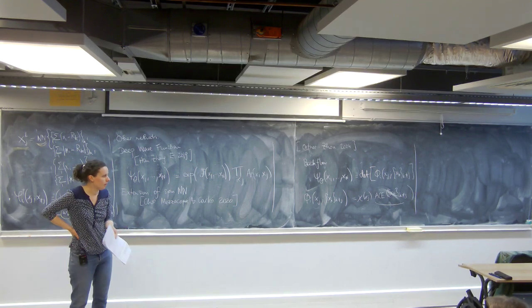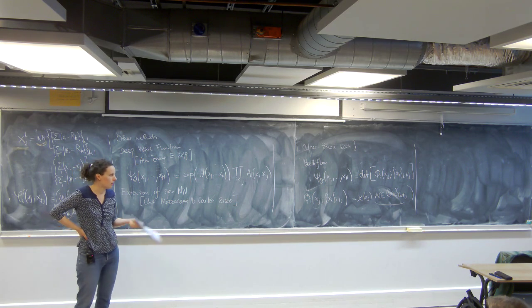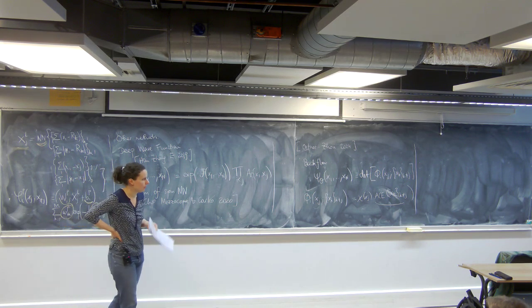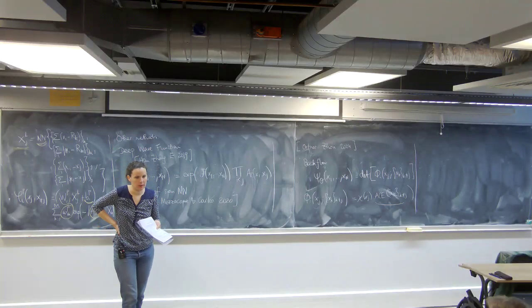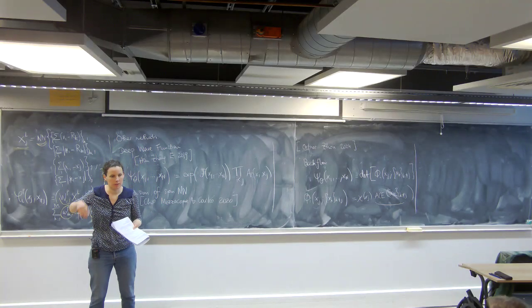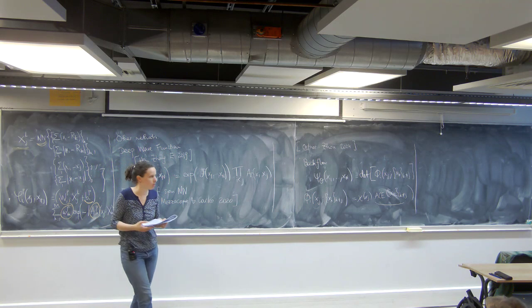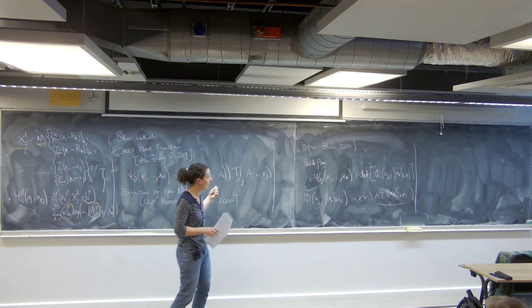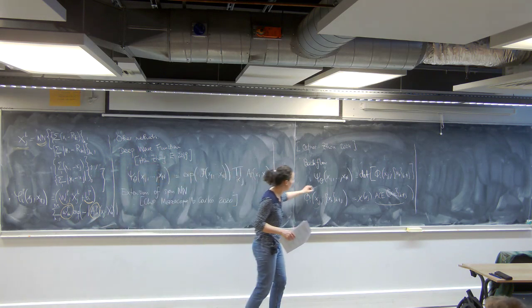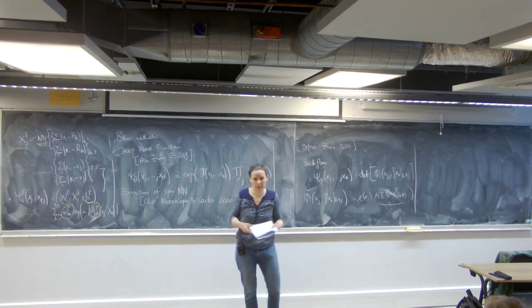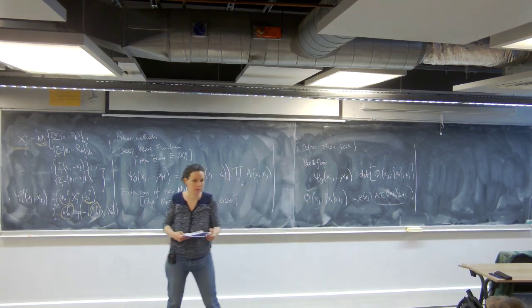So one difficulty when you use stochastic gradient methods is that it's very difficult to converge to global minima of the energy. So finding the global optimum of the parameters is very, very difficult.